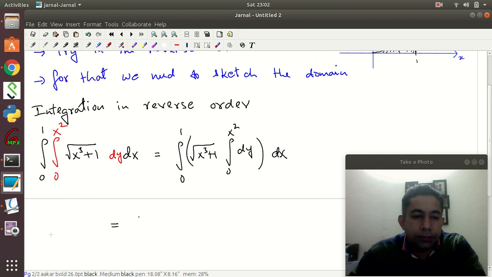So the inner integration becomes the integral from 0 to 1 of root x cube plus 1, and this becomes x square.